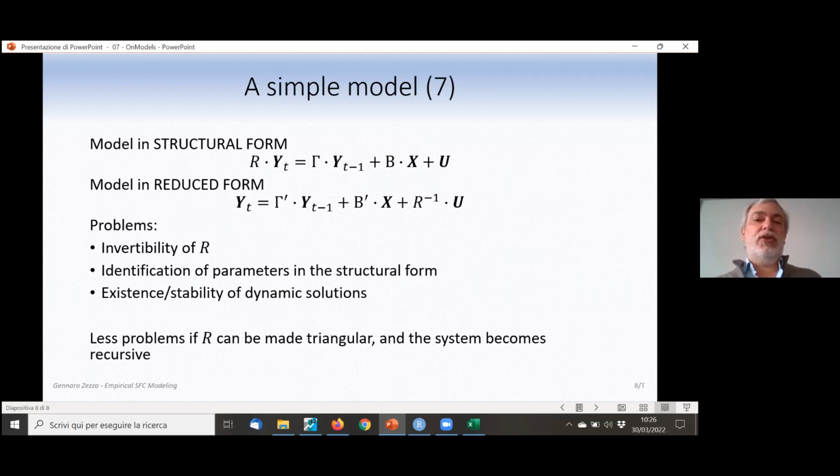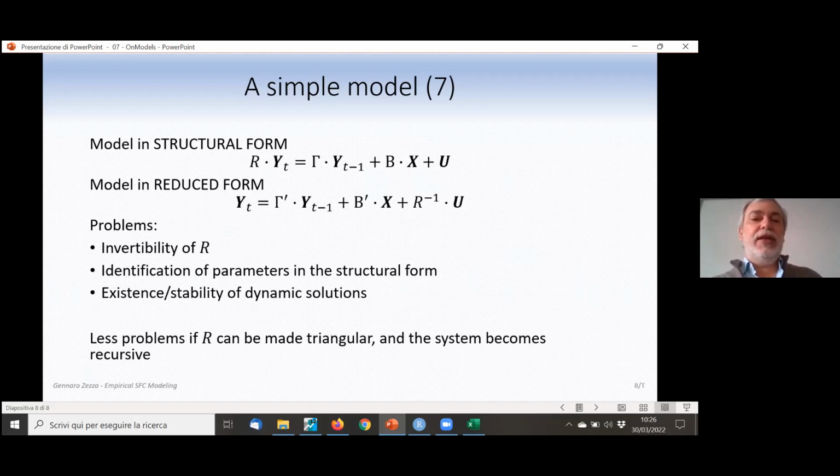So I thought this would somehow rehabilitate the Cowles Commission, as it's called, the approach that we have always been using, but I don't think this is happening. It's still true that if you write a paper using a structural VAR, you have a much higher chance of being published than if you write an empirical paper using the method that we have discussed. So this is one of the things I wanted to discuss with you.